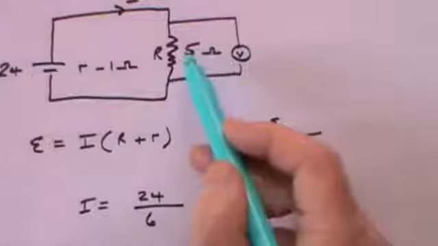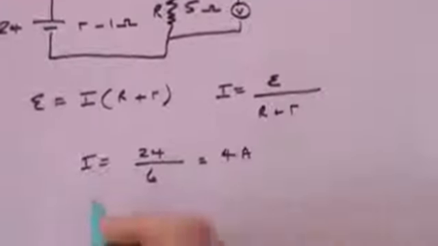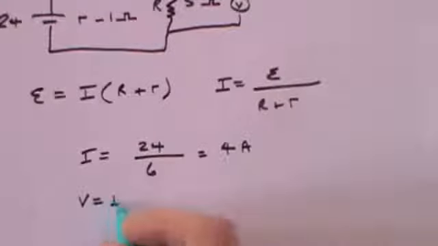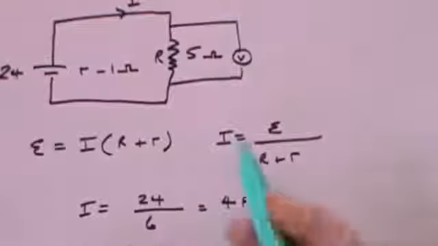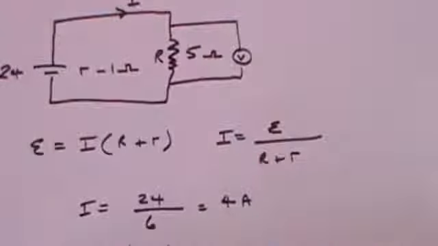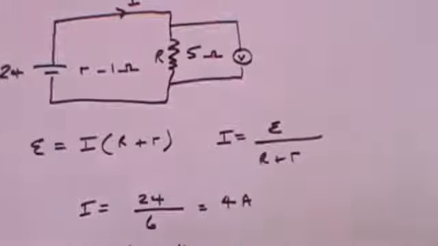What then is the voltage across this resistor? Well, that's just Ohm's law. V equals IR. What is the current flowing through that resistor? We've just calculated, it's 4 amps. What is the resistance itself? 5 ohms.